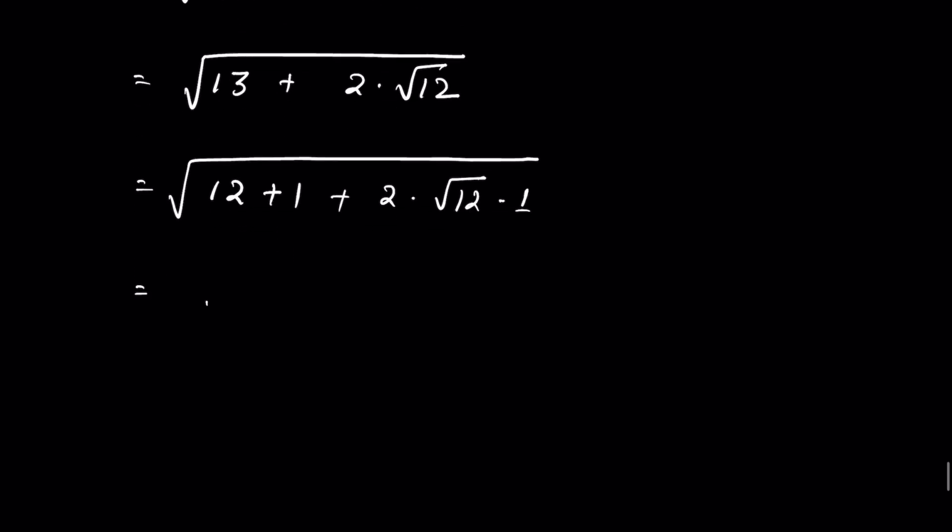Now 12 we can write as square root of 12 squared plus 1 as 1 squared plus 2 times square root of 12 times 1.